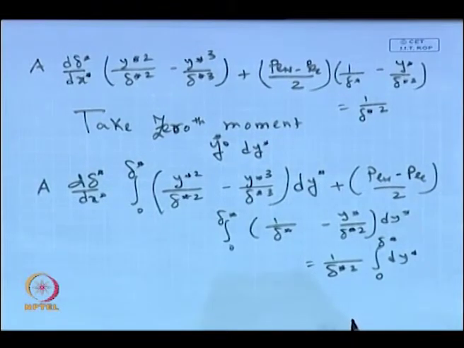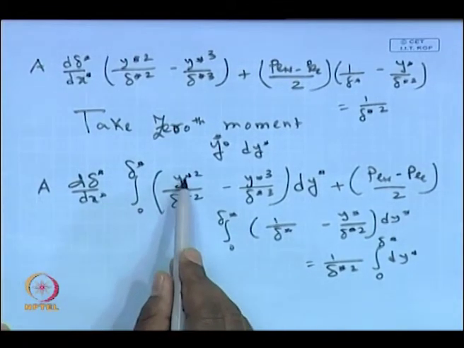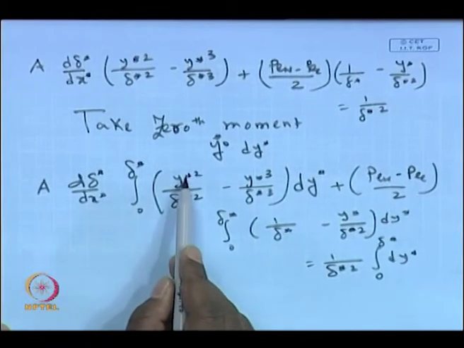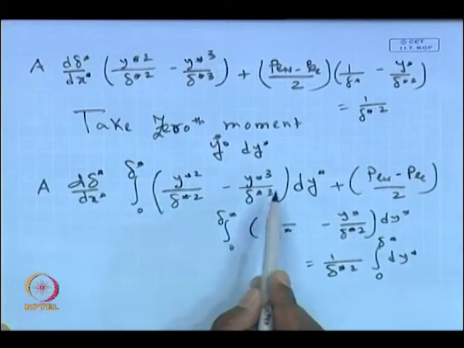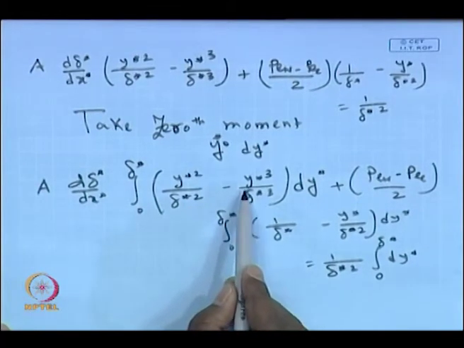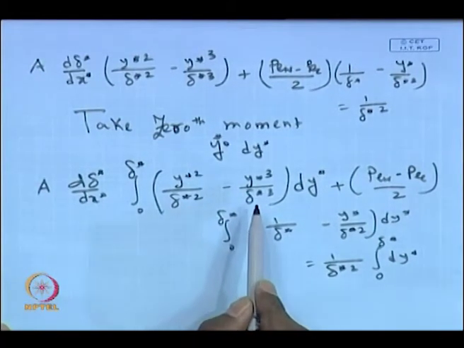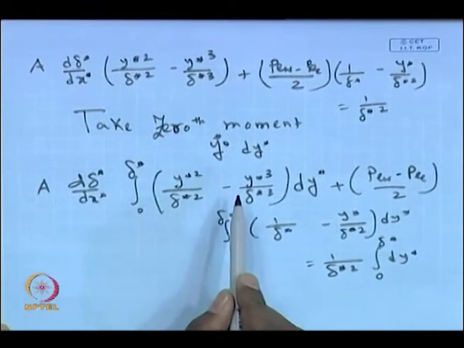Once you carry out this integration, this becomes y star cube by 3, so it will be delta star cube, and with delta star square, it will be delta star by 3 here, and similarly you will be getting minus delta star by 4. So, the whole thing becomes delta star by 12.